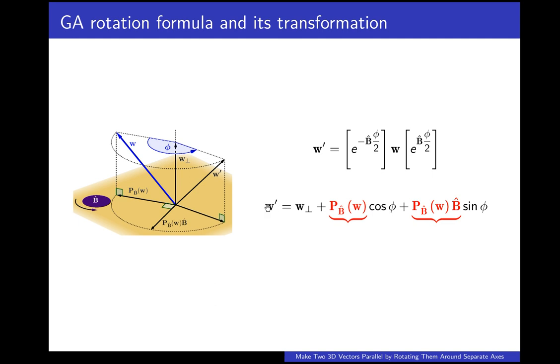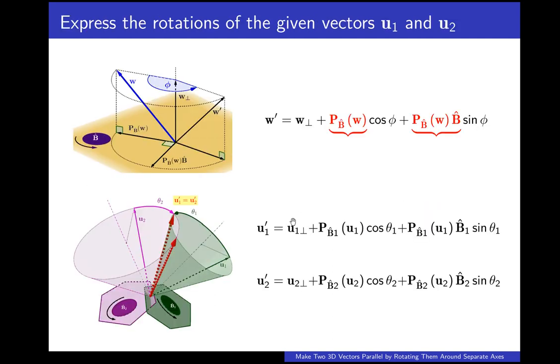The rotated vector w prime is equal to the vector sum of w's perpendicular component, or component perpendicular to the unit bivector, plus the cosine of the angle of rotation times this projection of w, plus the sine of the angle of rotation times this vector, which is the 90-degree rotation of the projection of w in the sense of rotation of the unit bivector. It's important to note that both of these red things here are single vectors.